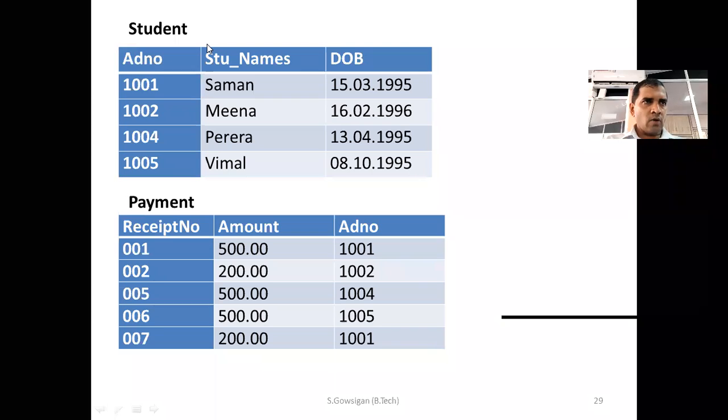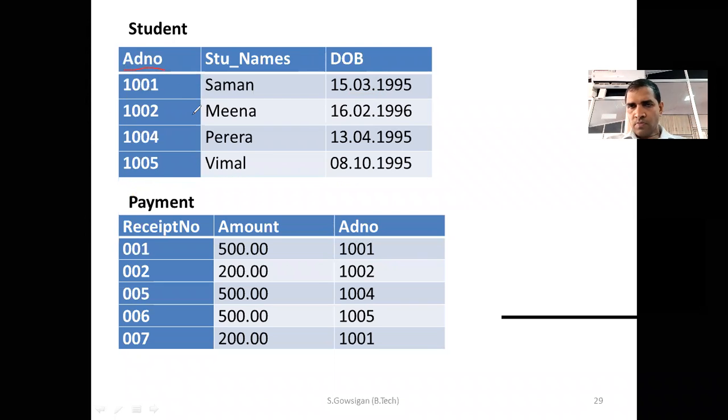If you repeat 1001, definitely you have to repeat the name, which means Summon. So if you repeat Summon, here also you have to write the date of birth of Summon, 15/3/1995, same. So you are repeating the same record, right? This is not good. So we can say that the admission number is the primary key.